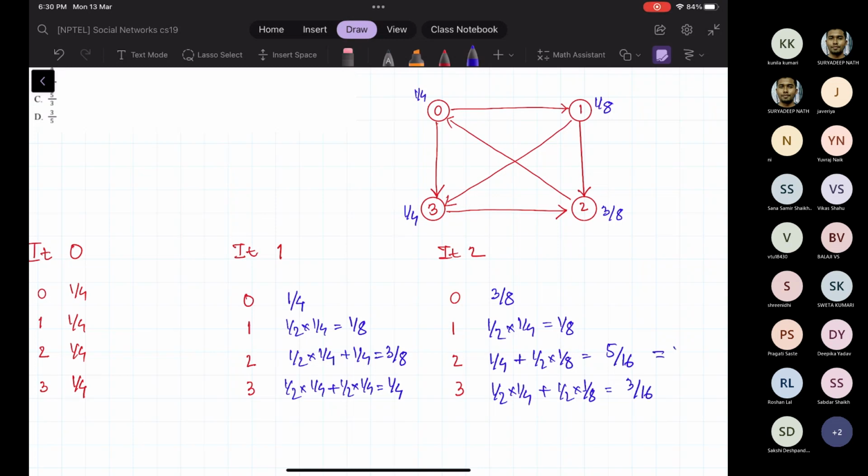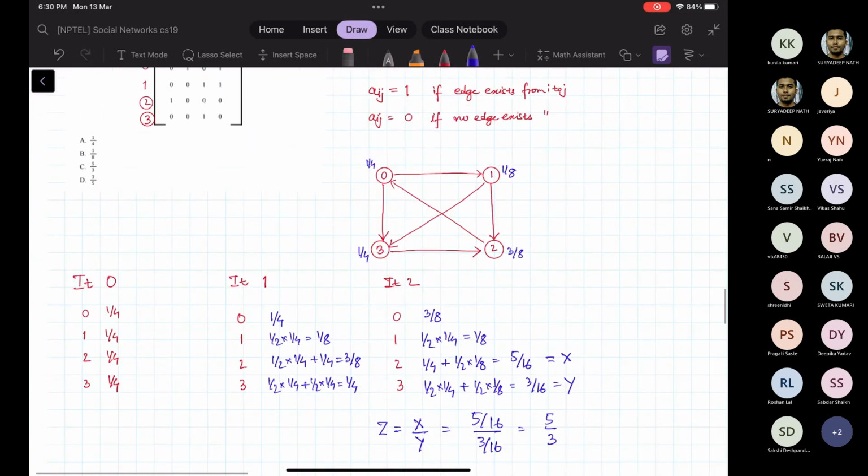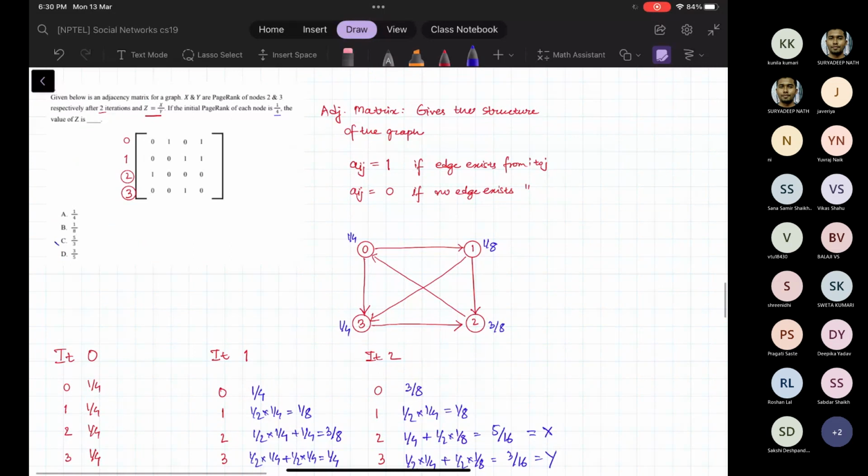So this is your x and this is your y. Therefore, z equals x by y equals 5/16 over 3/16, that is 5/3. So the right answer for this question is option C, 5/3.